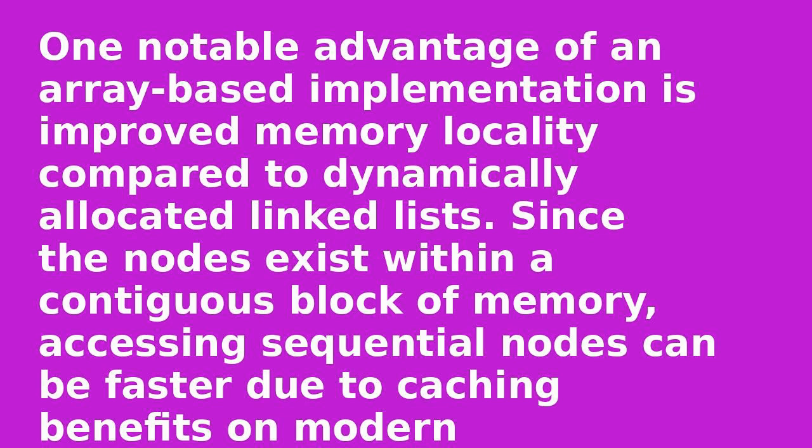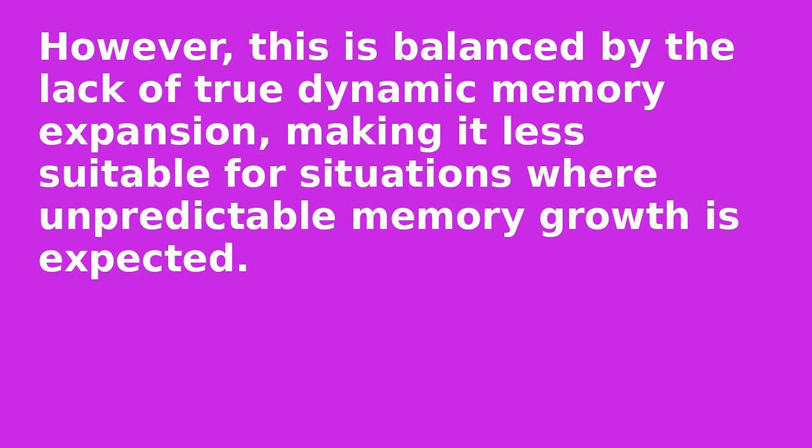One notable advantage of an array-based implementation is improved memory locality compared to dynamically allocated linked lists. Since the nodes exist within a contiguous block of memory, accessing sequential nodes can be faster due to caching benefits on modern architectures. However, this is balanced by the lack of true dynamic memory expansion, making it less suitable for situations where unpredictable memory growth is expected.